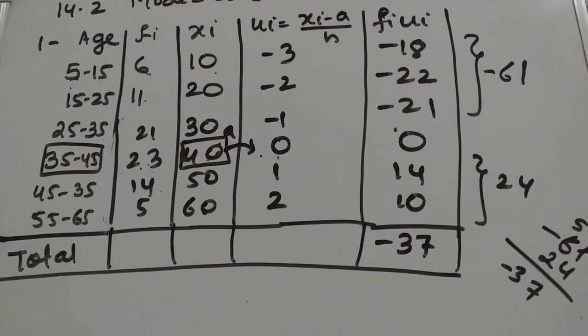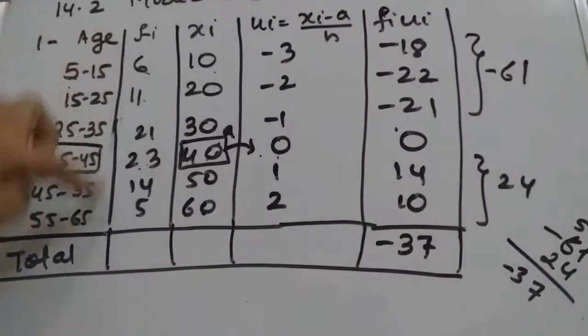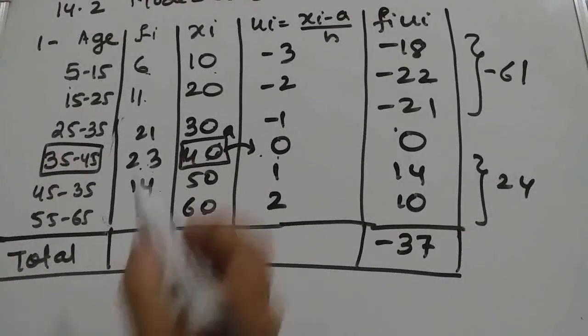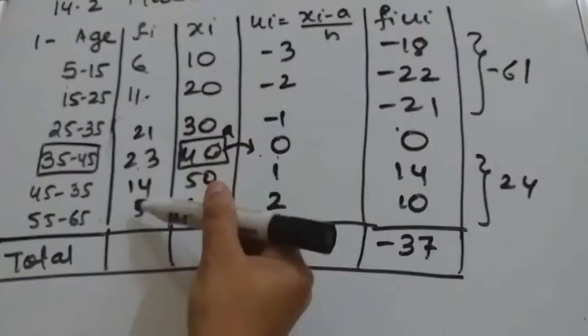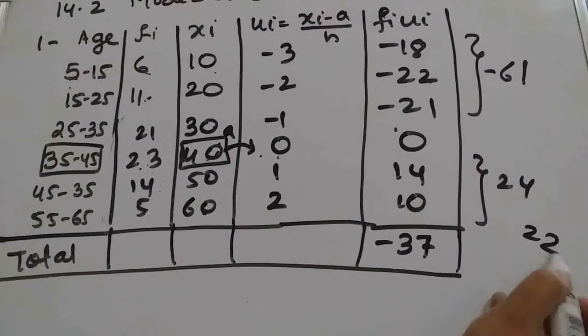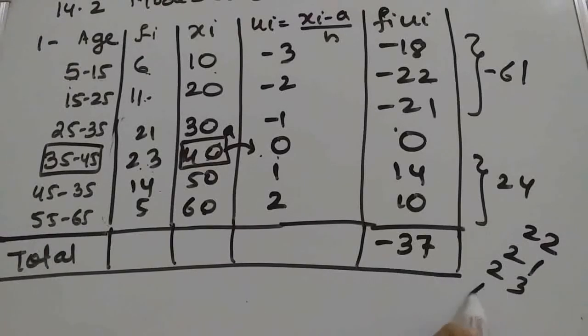Now since this total, sigma fi, is not given, we should add to find sigma fi. So it will be 17 plus 5, 22. So 22, 21, 23 and 14 we should add. So it will give 80.